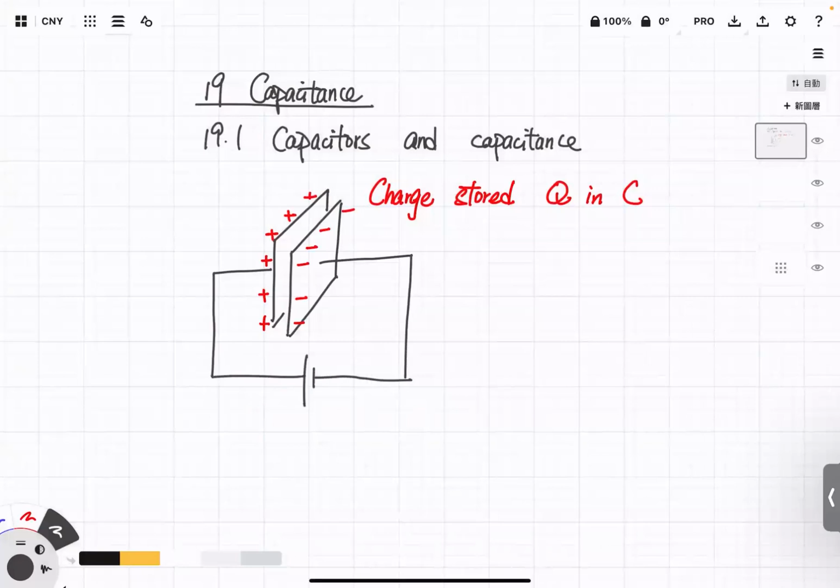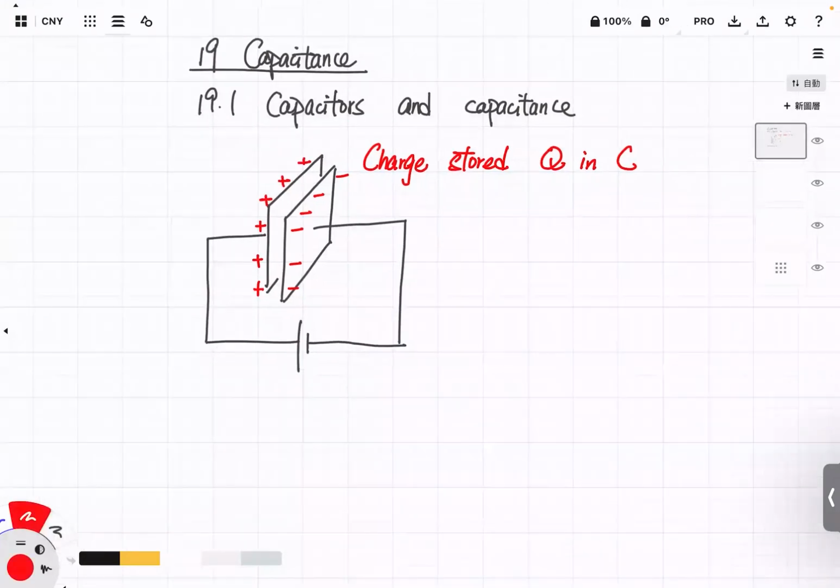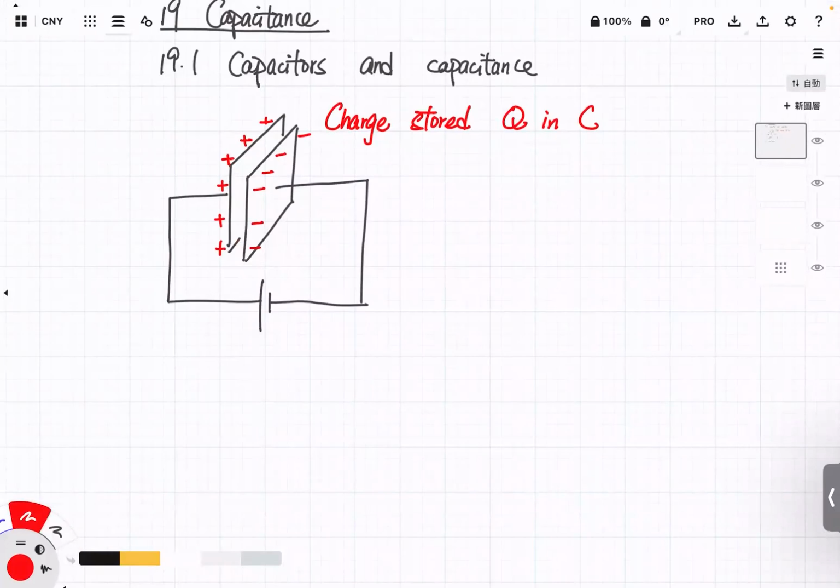Then the corresponding potential difference will be another parameter in the questions, which is the potential difference V in volts.